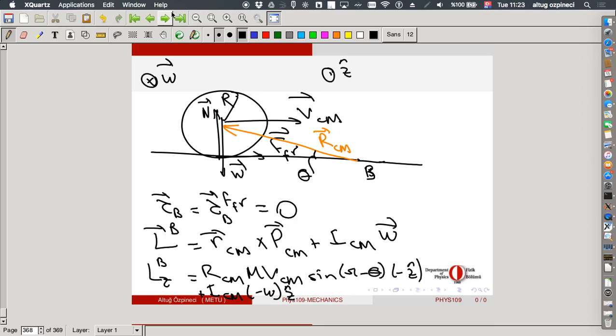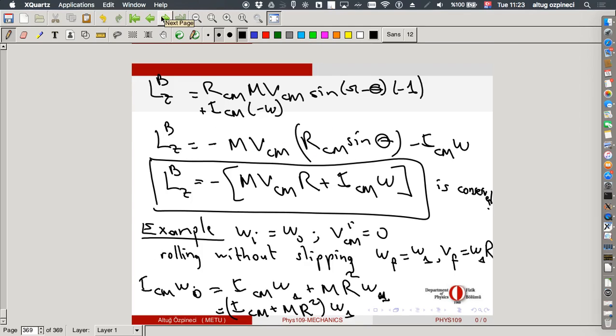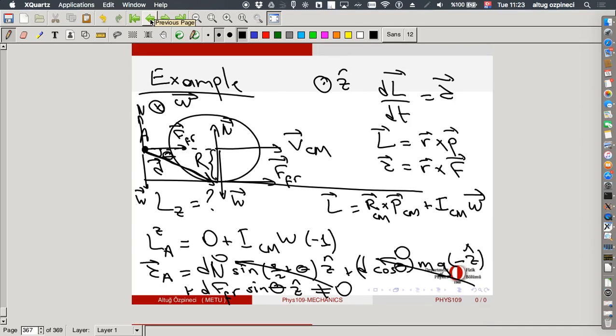Now, the crucial thing in this example was first to determine a reference point with which you will be writing down the angular momentum so that the torque would be 0. We tried 2 points. For the point A, if we calculate the net torque with respect to this point, the torque is non-zero and hence angular momentum is not conserved.